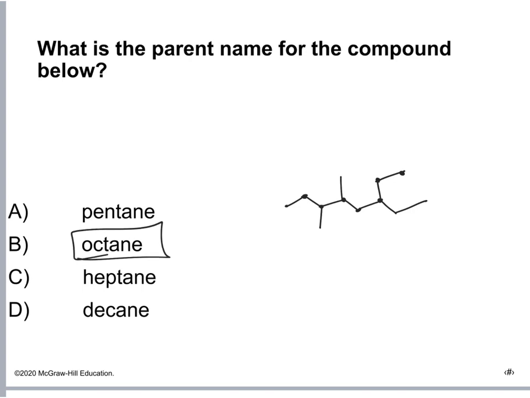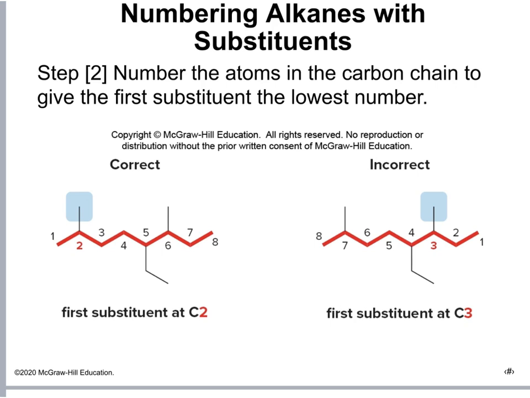Hopefully you got octane. Here, they're trying to decide, do you count from left to right? Or do you go right, see the number 1, to left? So once you find the longest chain and you figure out, okay, we have 8, that's octane. Are we going to number from left to right or right to left?